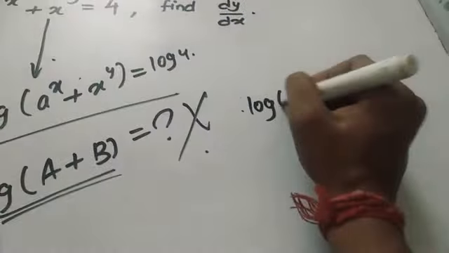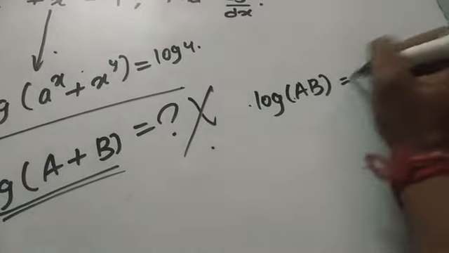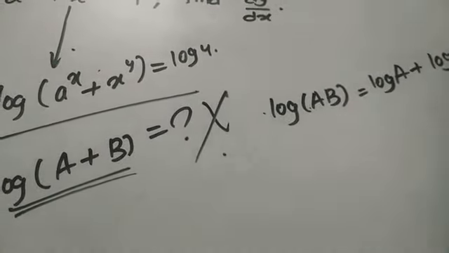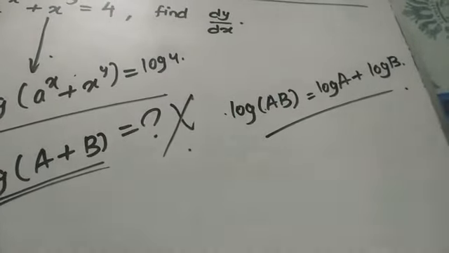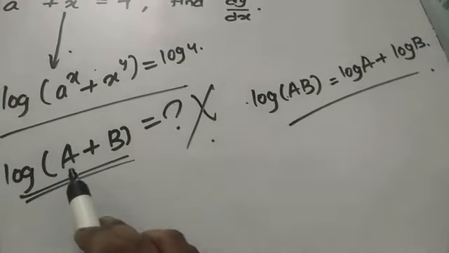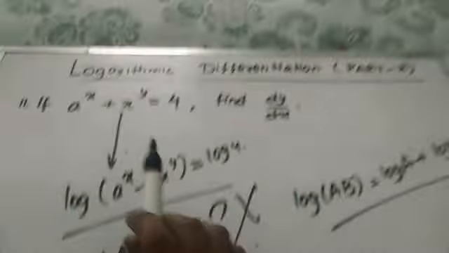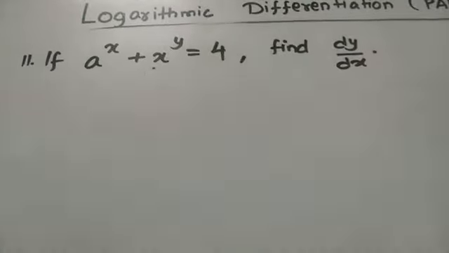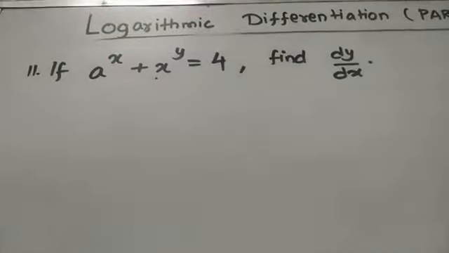There is a property that we know, that log of a into b equals log of a plus log of b. That is the property, but there is no such property for log of a plus b. So we cannot use log here. What we'll do here is differentiate it separately. How?